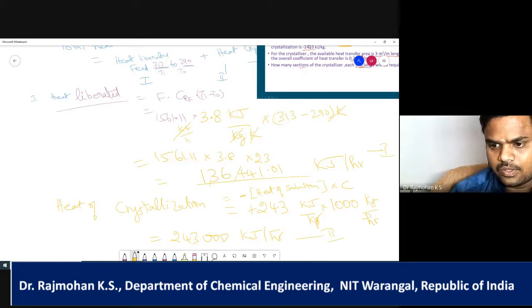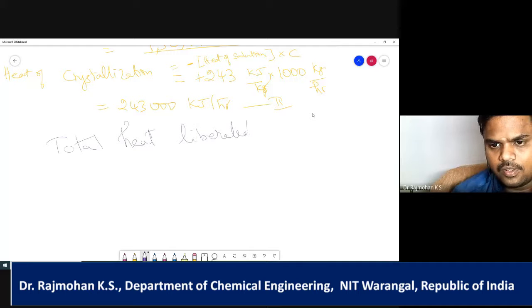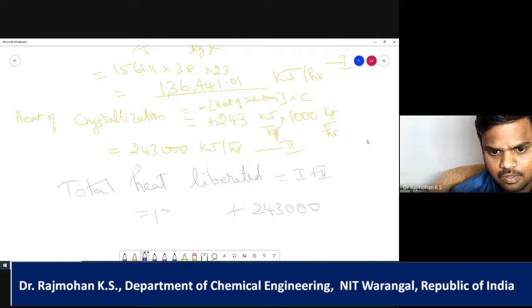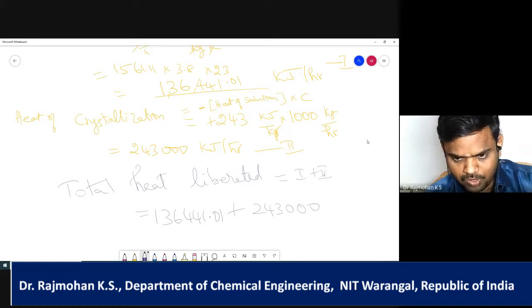This is our first part and this is our second part. So total heat liberated is equal to 1 plus 2. Already I have written the formula, you can refer. That is 243,000 plus 136,441.01.